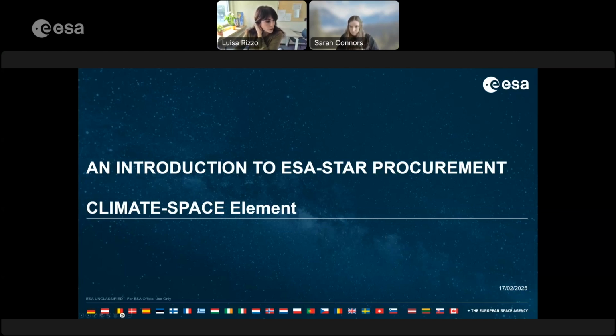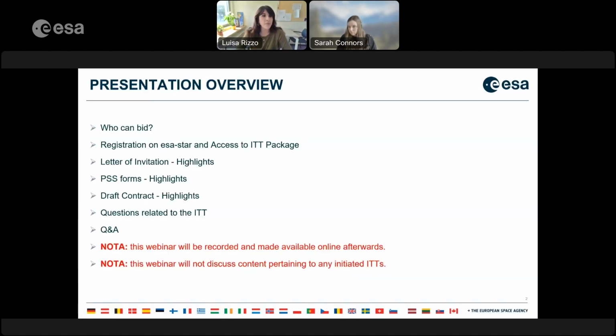Moving to the very first slide, that's the agenda of the presentation. We will start addressing the eligibility criterion to make you understand who can actually bid to an ESA climate space ITT. Then we will go through the registration on ESA Star and the access to the ITT package.